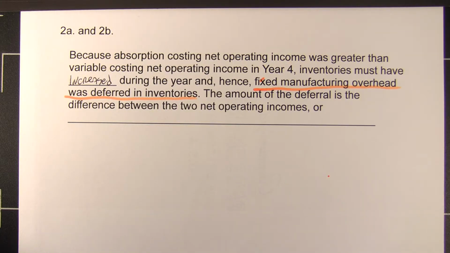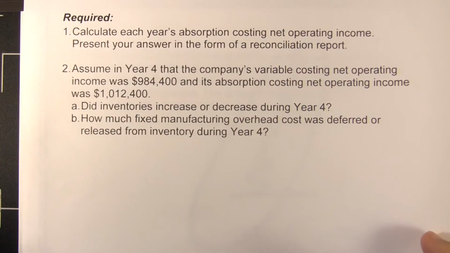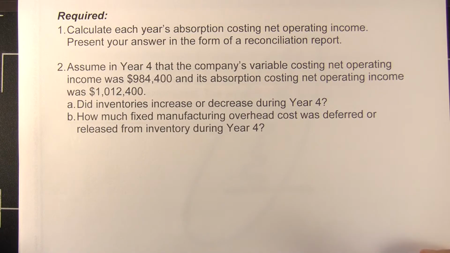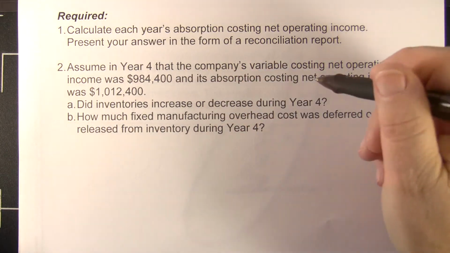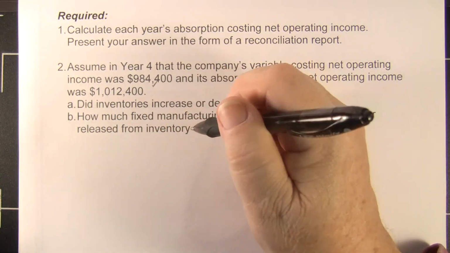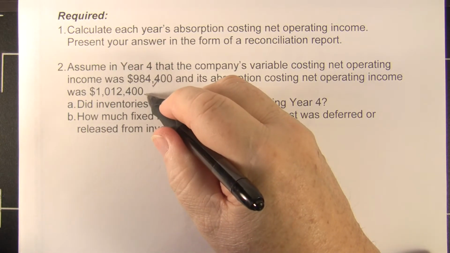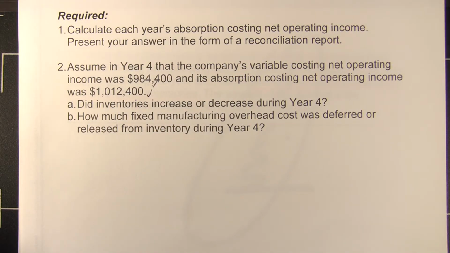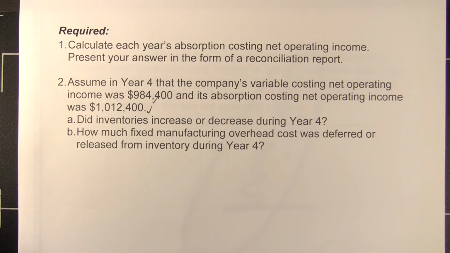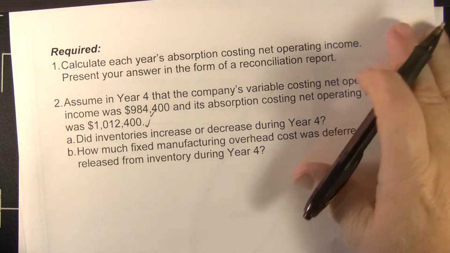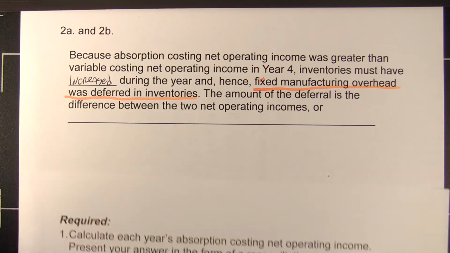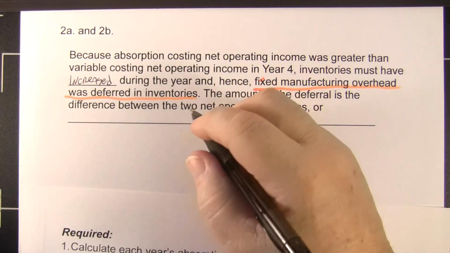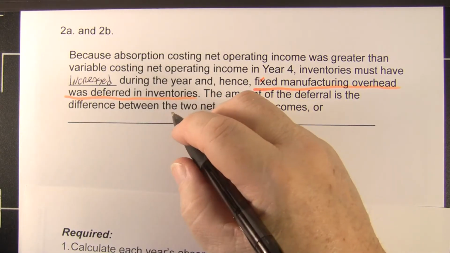And the difference between the two, and they tell us in the problem, that the variable costing was $984,400, the absorption costing was $1,012,400. The difference between those two was the amount of overhead deferred, or $28,000.